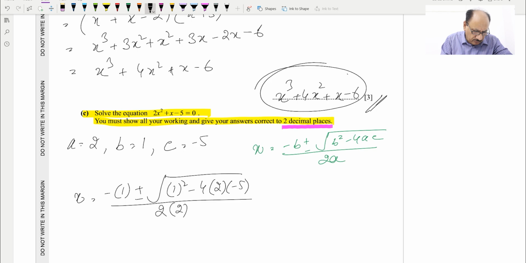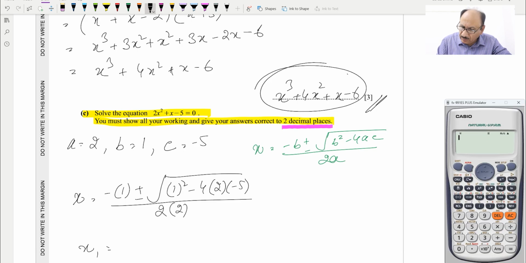The plus value we will take first, and we'll get the first value of x. Minus 1 plus the square root of 1 square, which is 1, minus 4 in brackets 2, and then again in brackets minus 5, bracket close, over 2 into 2, which is 4, will give us the answer 1.35.